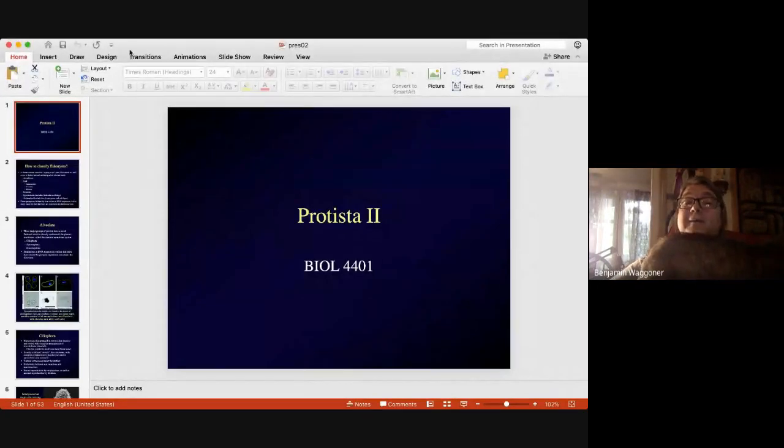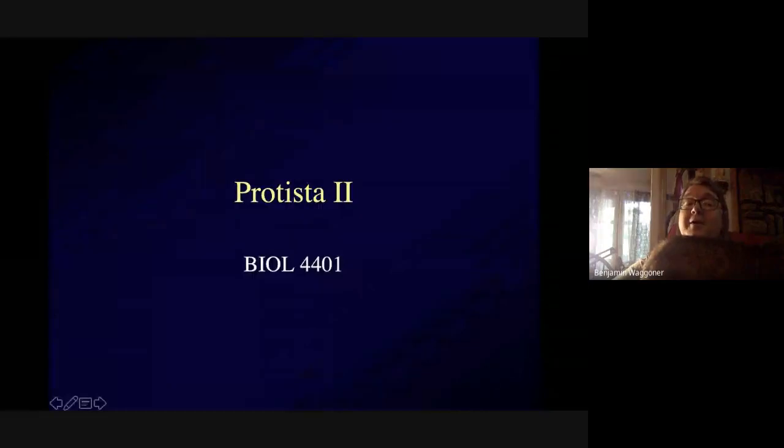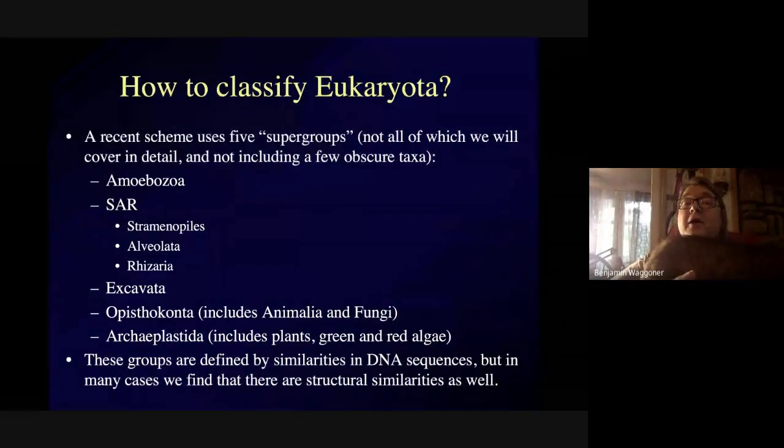Okay, right. Let's go ahead and rock on to Electric Avenue and continue talking about protists. You saw this slide on Monday. People are still working out what the really large-scale way is to classify eukaryotes. The most recent scheme uses these 5 supergroups.